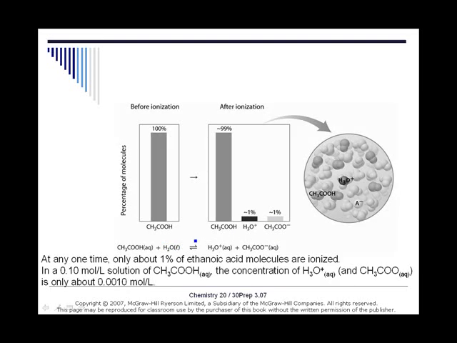If we take a look at a weak acid, most of those molecules do not dissociate. So here we have acetic acid. It's a weaker acid. It reacts with water, and here's the reaction down here. It reacts with water to form hydronium and the acetate ion. But if we take a look at the percentage, only about 1% actually dissociate.